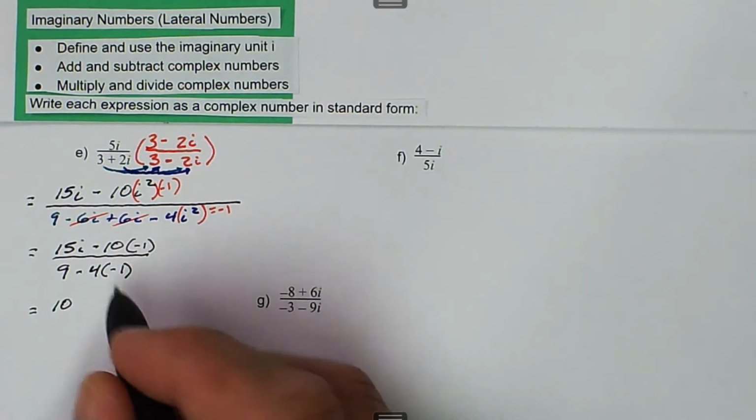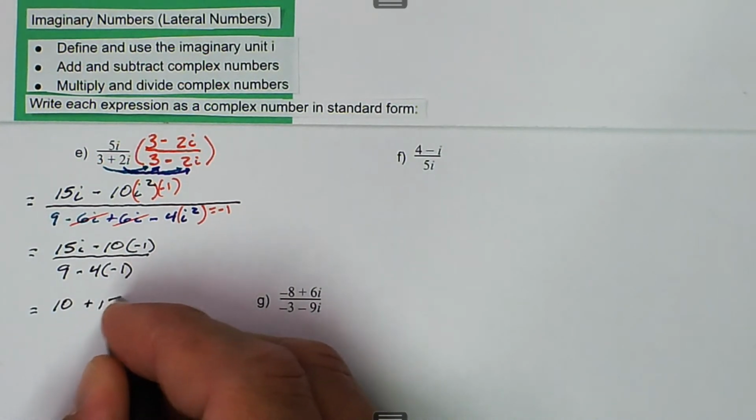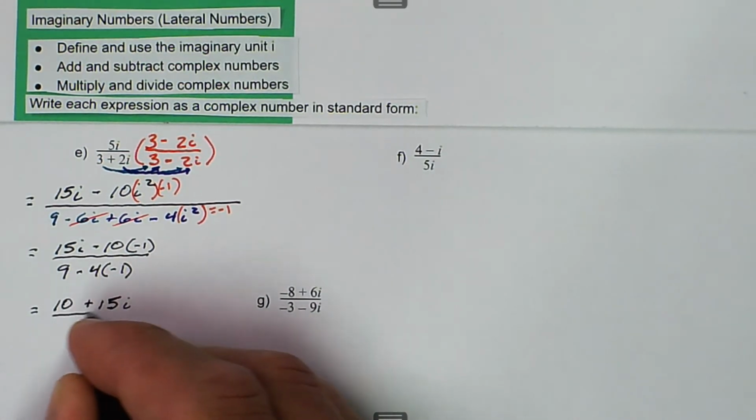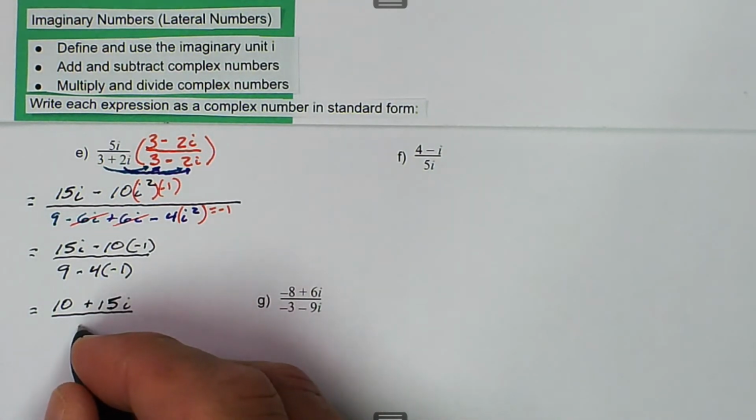I'm going to write that first. And then we say plus 15i. Then negative 4 times negative 1 becomes positive 4. And so then we get 13.